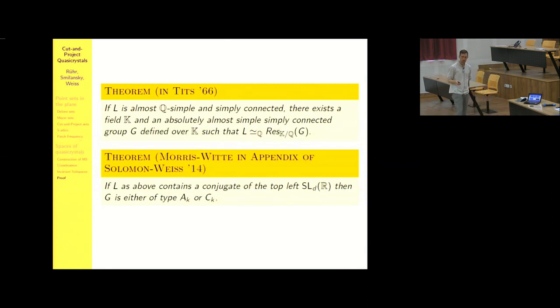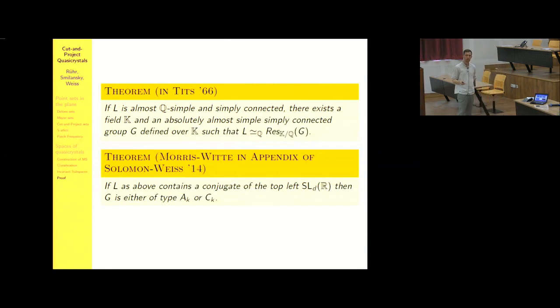Then there's a paper of Weiss and Solomon, where they had some question to Morris-Witte, and he proves in the appendix that, since we know that SLDR is contained in L, you can restrict to the groups, and there are just two possibilities you can find.